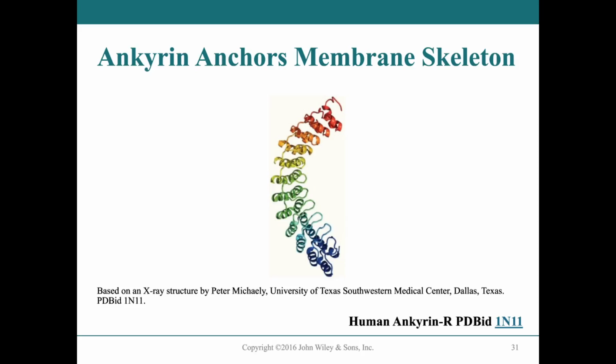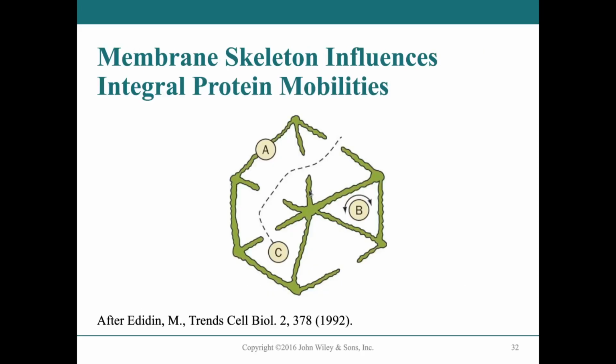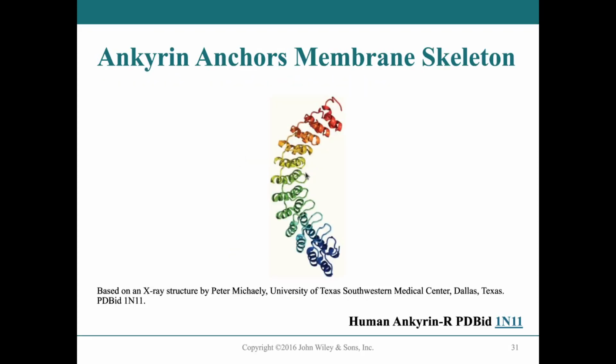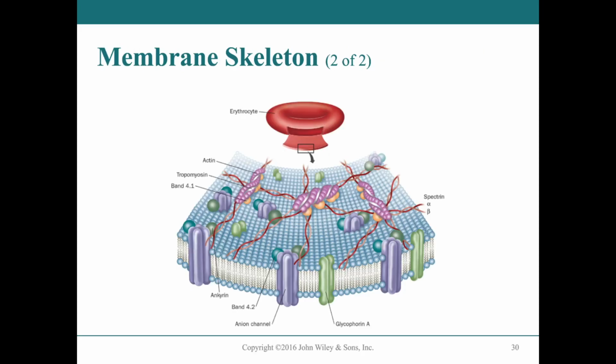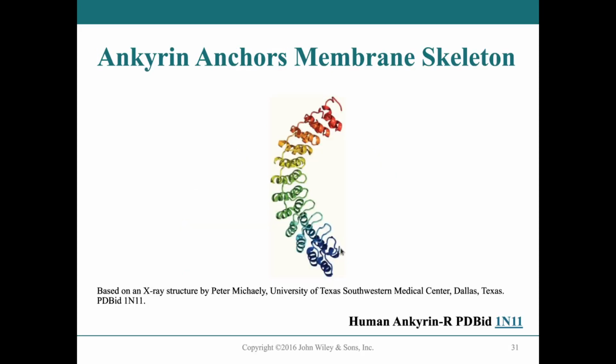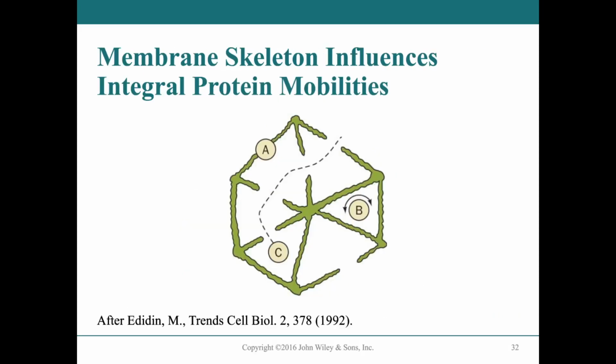So the mobility of the integral membrane proteins is actually affected by this spectrin. As you can see in the previous structure here, because the spectrins crisscross around the membrane, of course they form fences, and it affects the movement of your integral membrane proteins. So if they become fenced on one side, they won't be able to move around much.